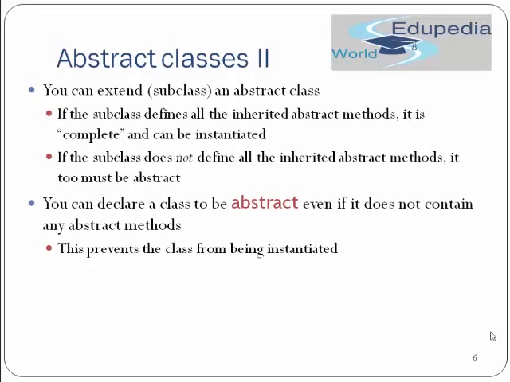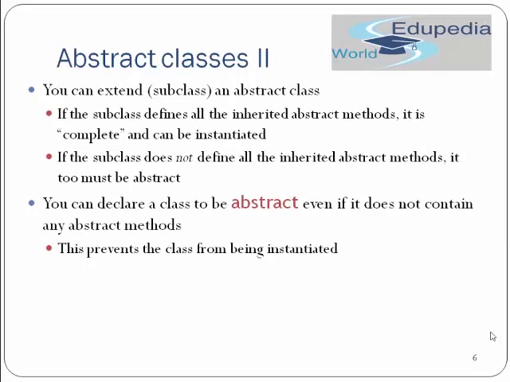You can extend, that means subclass, an abstract class. If a subclass defines all the inherited abstract methods, it is complete and can be instantiated. So if a subclass defines all the inherited abstract methods, then it can be instantiated and it becomes a concrete class.